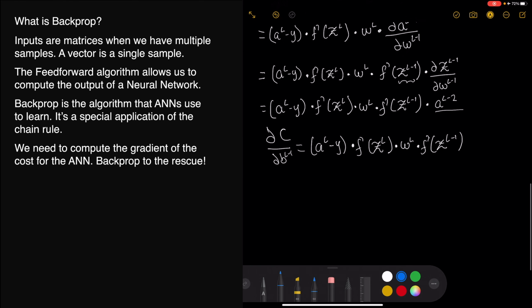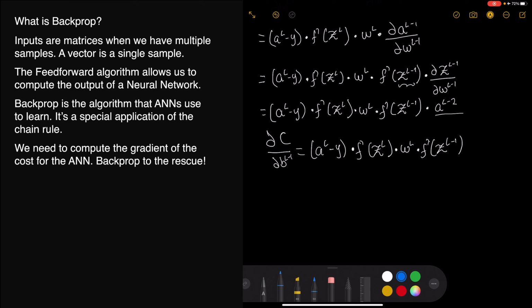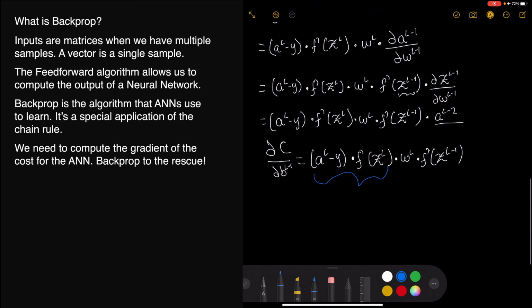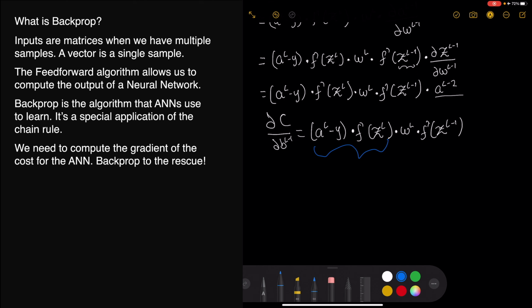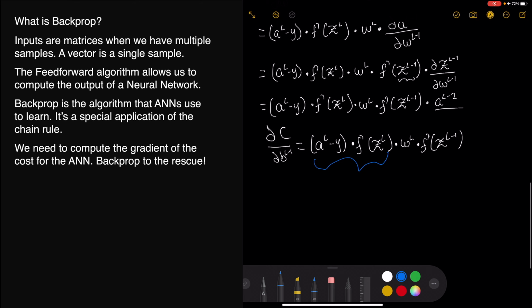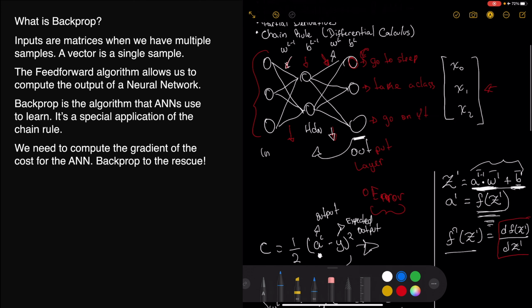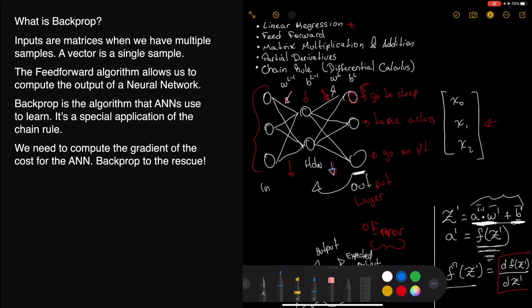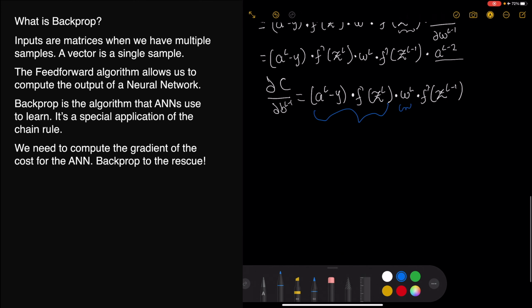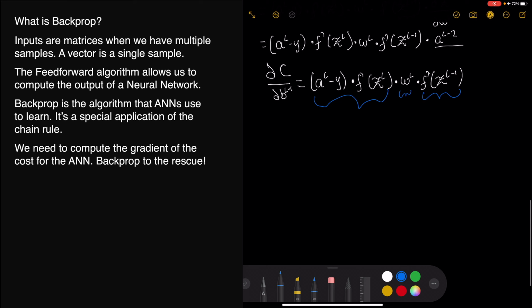We have that term also in the derivative of the cost with respect to W or B L minus 1, right? L minus 1, I mean. And we are scaling that error by the weights, right? We are scaling that error by the weights. And we're also multiplying by the error that's introduced by the activation function. So that's pretty much all we need to do.